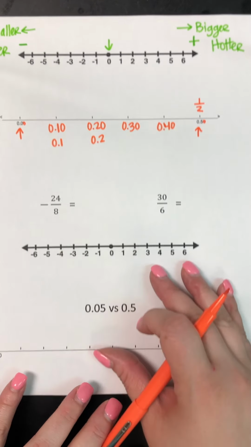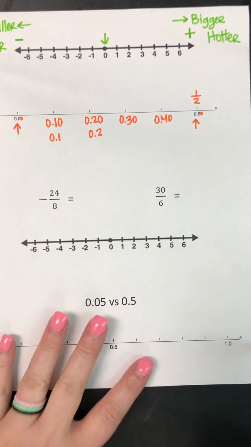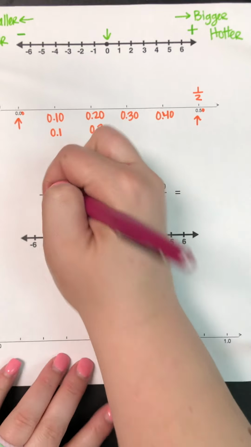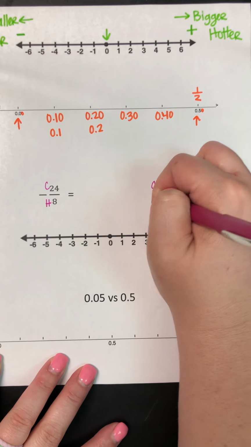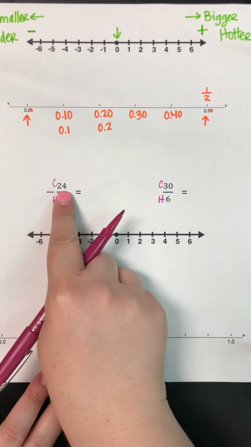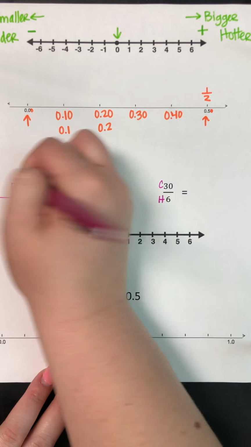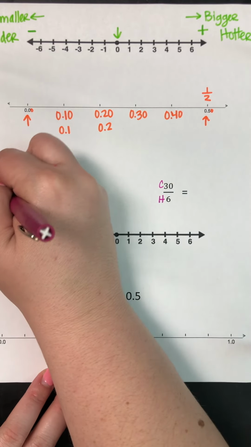Okay? So one of the ways that they're going to give you numbers on a number line is they're going to give you improper fractions. So remember, we never work with improper fractions. We are going to label our cowboy and our horse, and we are going to get rid of those improper fractions immediately. So in this case, I have 24 divided by 8. 24 is my cowboy, boots and hat. 8 is my horse.